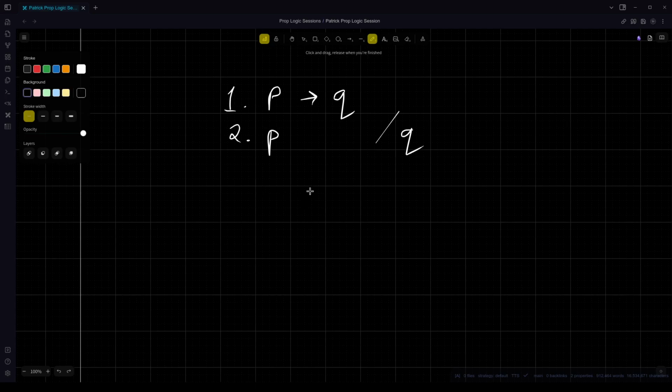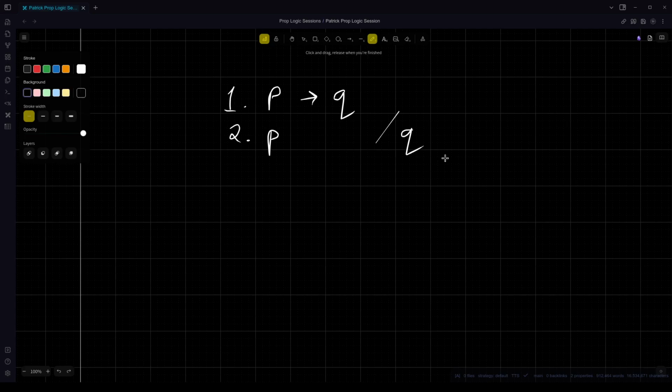Right. How do you prove modus ponens is valid? To prove that it's valid, we can go all the way back and use truth tables, right?